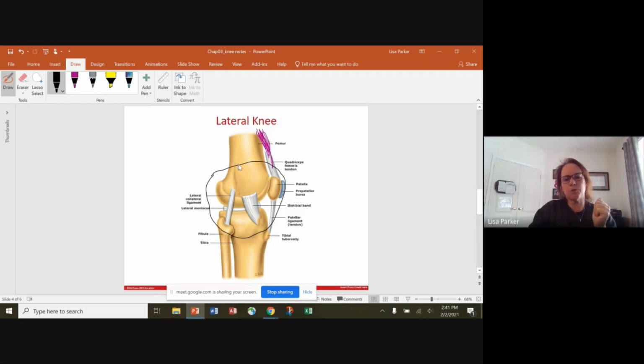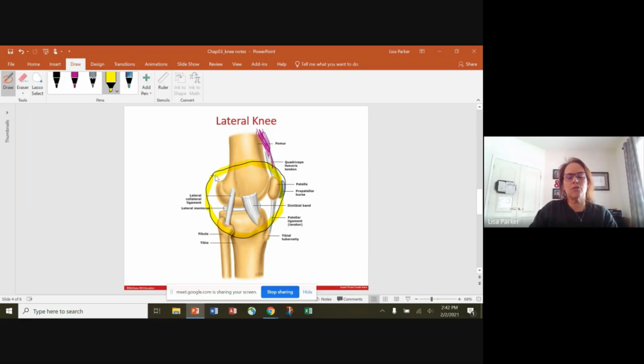So the joint capsule also has some collagen fibers in it, but they're just not quite as densely packed. They're a lot thinner. So it still has some strength, but not quite as durable. The joint capsule surrounds the whole joint, but it's very thin. And that joint capsule has a lining, called a synovial membrane.